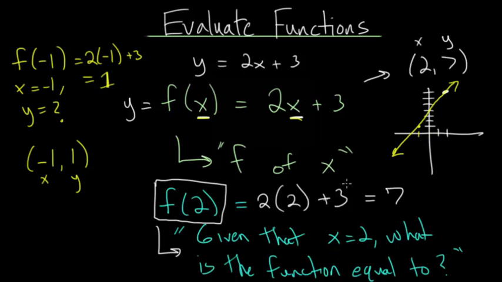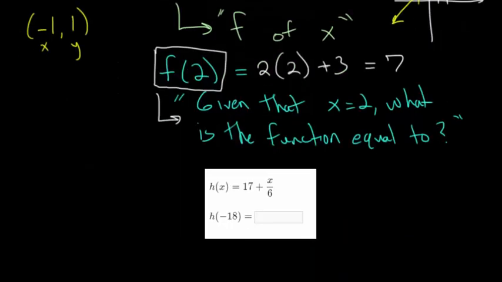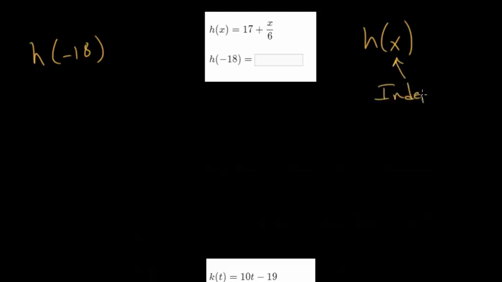So let's work through some different examples now. Say we have this function h(x) = 17 + x/6, and we want to figure out what h(-18) is. Just for clarification, when you have h(x), the variable on the inside is our independent variable. It's the one that we choose.